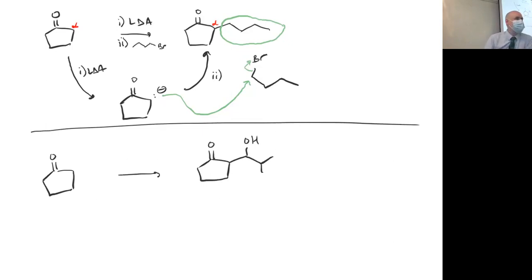All right, so what's your step 1? NaOH. All right, so if you were to add NaOH, you would turn your alpha carbon into a C minus in only a small fraction of your starting materials. Then you would have more cyclopentanone left over, and they would react with each other before you got to step 2.